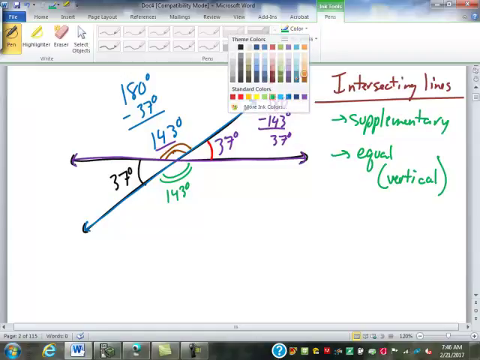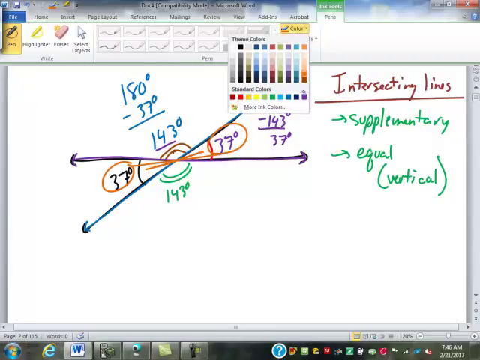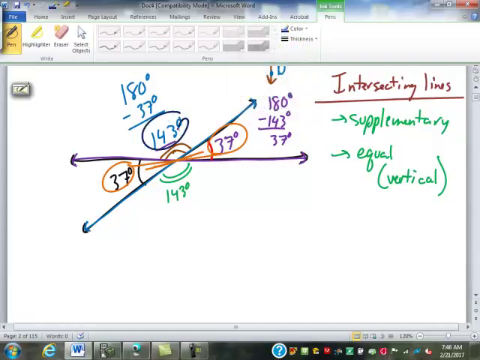So here we have the 37 degree angles. Those are vertical. They are created on opposite corners, opposite sides of intersecting lines. The 143 degree angles are also a pair of vertical angles. Again, they're opposite corners of intersecting lines. So when two lines intersect, the angles formed will either be equal or supplementary.